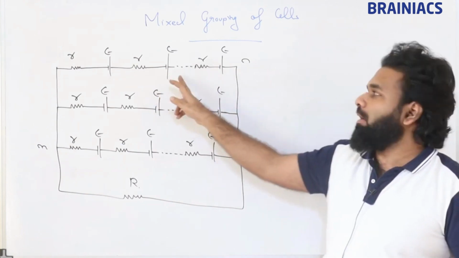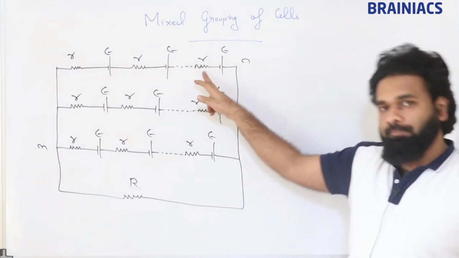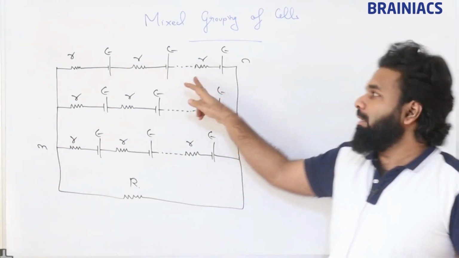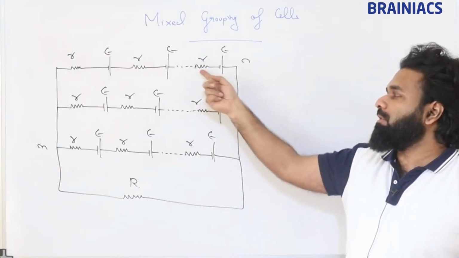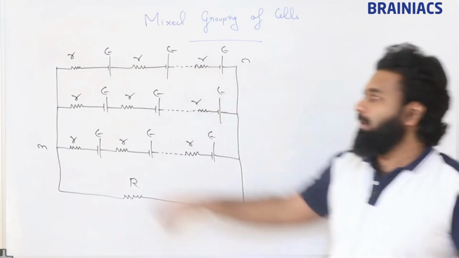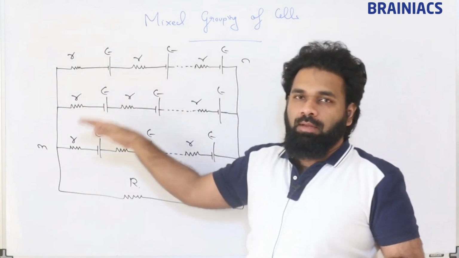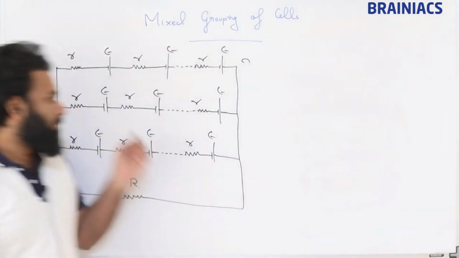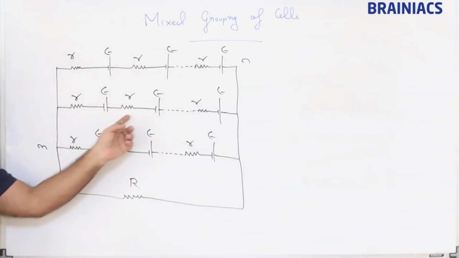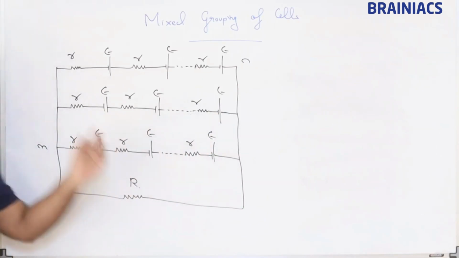Similar cells we are connecting in series. Finally we have the nth internal resistance and nth cell. So this is associated with the nth cell. Likewise we have a series connection, then again another series connection like that. So this is again R, E up to n times.